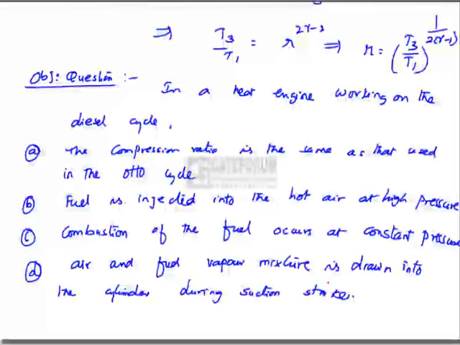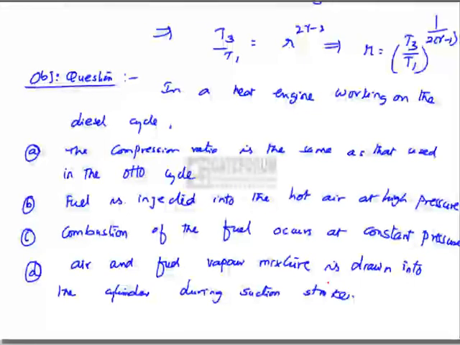Looking at option B, fuel is injected into the hot air at high pressure. This seems to be the answer, because in compression ignition engines or diesel engines that operate on the diesel cycle, after compressing the air from atmospheric pressure through a compression ratio of 16 to 20, the temperature of the air will increase during the compression.